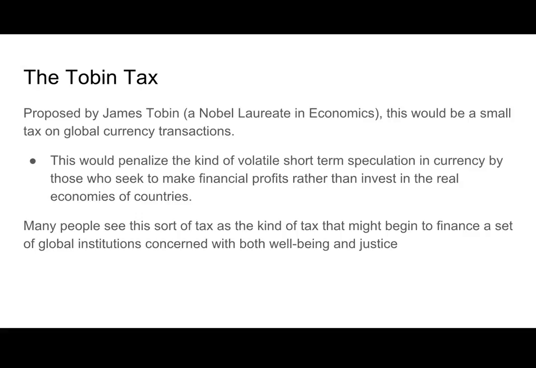Many philosophers, many theorists of global justice have taken this sort of Tobin tax as a kind of tax that might begin to finance a set of global institutions concerned with both well-being and justice. Because if you take the proposal to build global institutions seriously, they've got to be financed somehow, right? And at least at a first pass, it looks like they have to be financed by the taxation systems of individual countries, right?